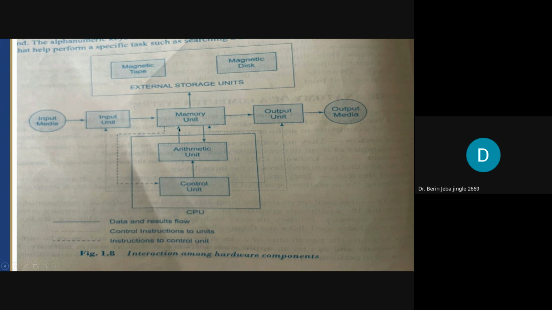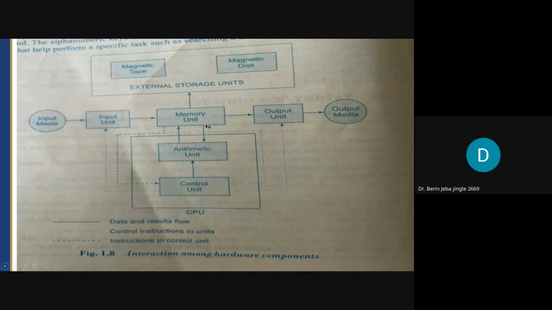After this, the data is stored in the memory unit. Whatever data is needed for doing the arithmetic and logical calculation is sent to the arithmetic unit. After processing, the processed data is again sent to the memory unit.